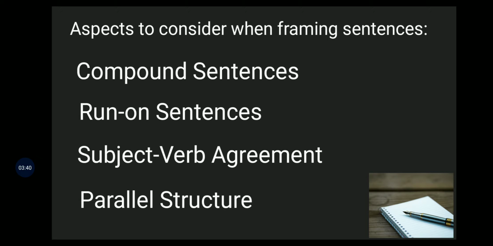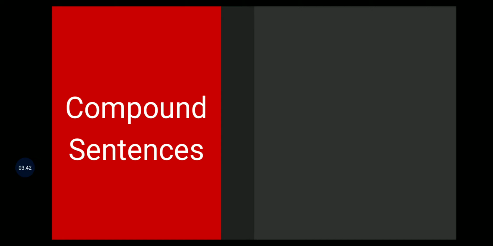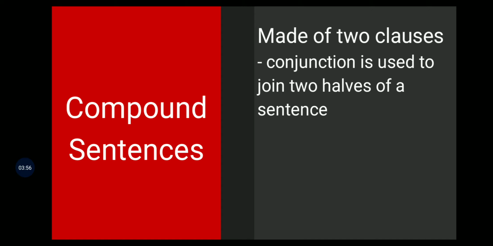So firstly, we'll look at compound sentences. Now, when we have a sentence and there are phrases or clauses, or say 2 or more clauses which are merged together, we get something called as compound sentences. So ideally, when we have clauses in a sentence, we make use of a conjunction to merge them. So say 2 halves of a sentence are merged into one with the use of a conjunction. So these are nothing but compound sentences.